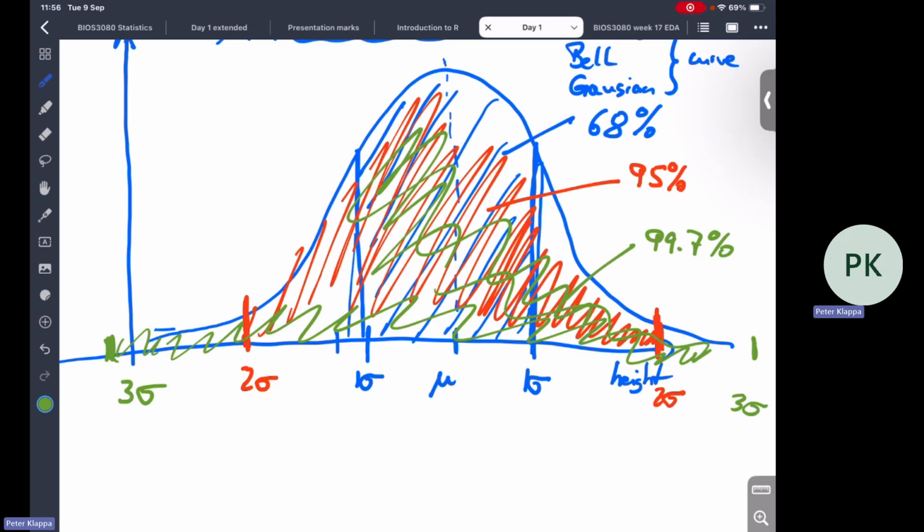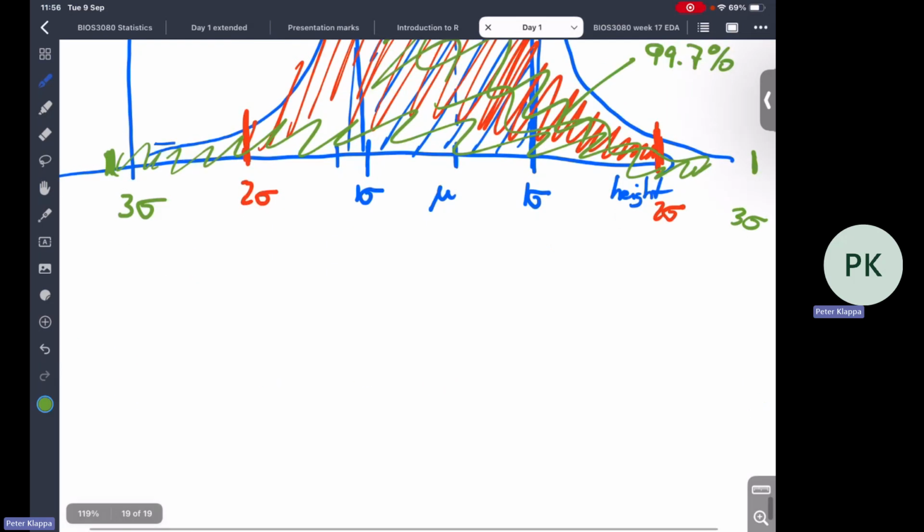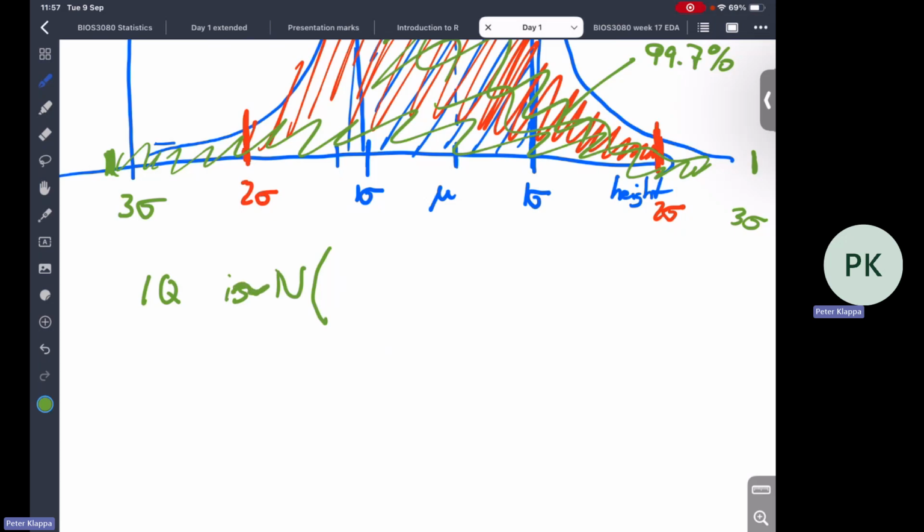Yeah, it's crap. But you see that IQ is normal distributed, and we actually write IQ is normal distributed n. Sometimes you see it with a squiggly line.